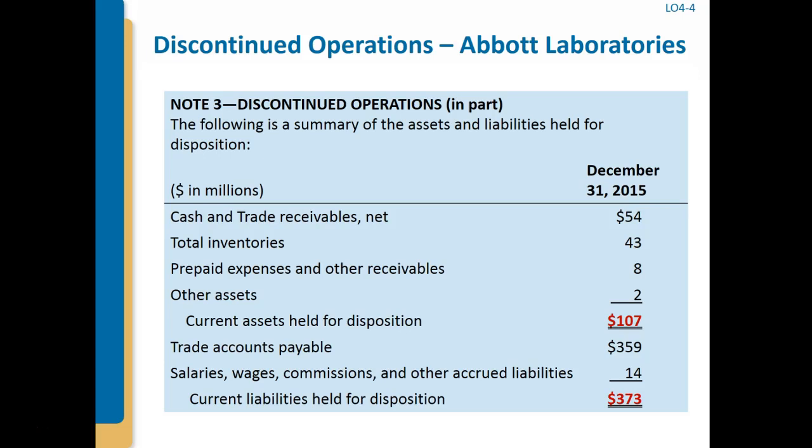Information about the discontinued operations was included in the disclosure notes shown in illustration 4-9. Note the assets and liabilities held for sale are classified as current because the company expects to complete the transfer of these assets and liabilities in the next fiscal year.